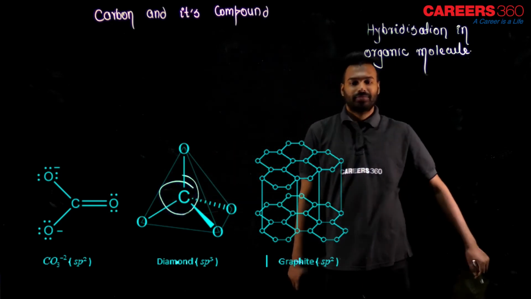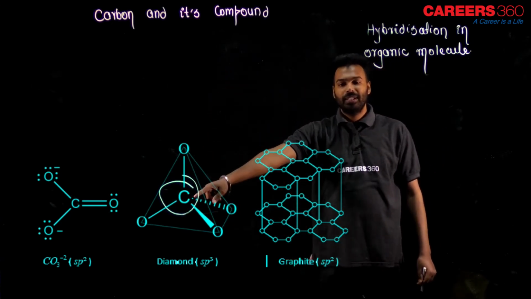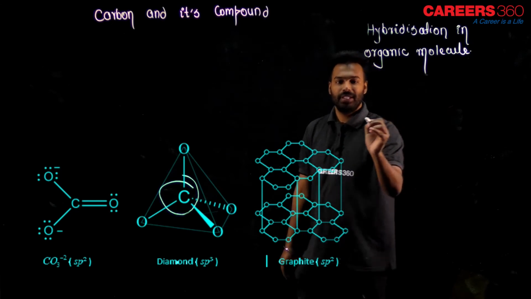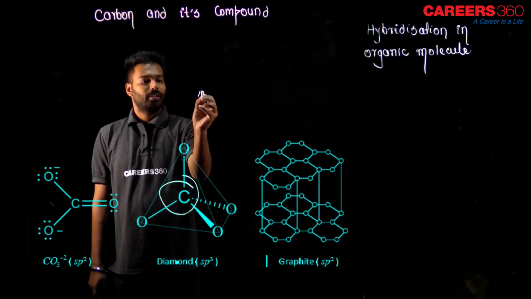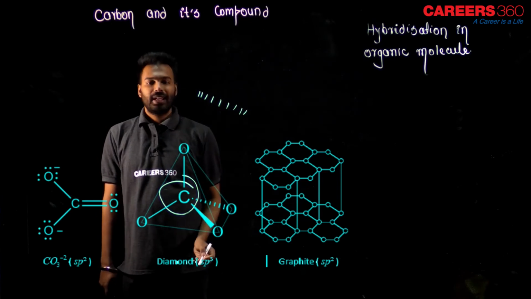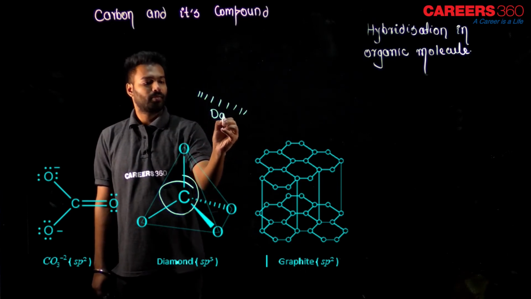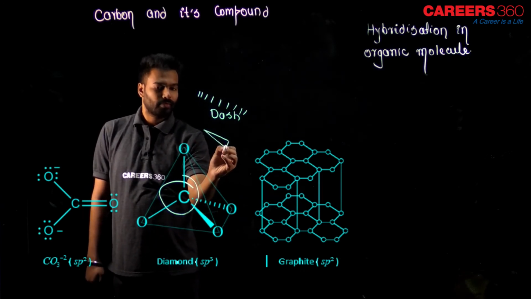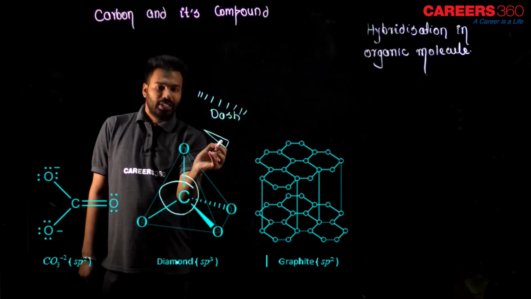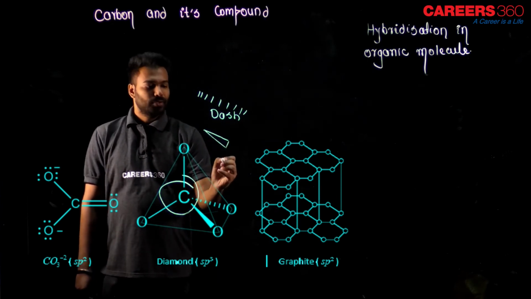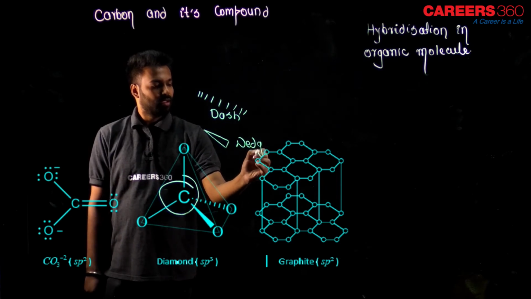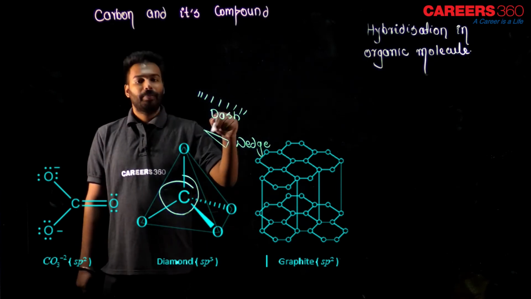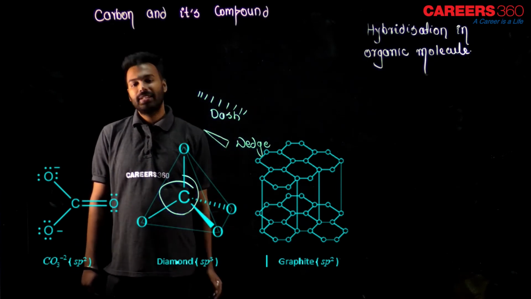See, single bond up, single bond left, and this sign is known as dash, and this particular sign, whether you paint it or leave it vacant, is known as wedge. There are two names. This dash gives the sense of back, rear or behind, and wedge gives the sense of front.